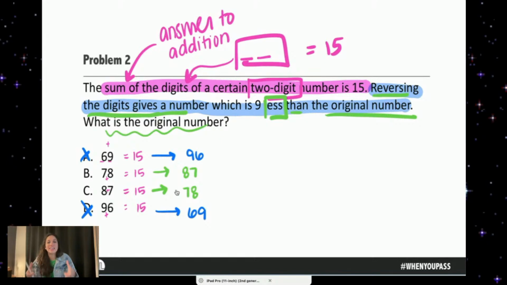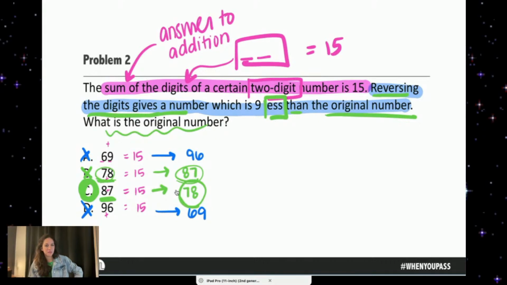Interpreting the words is the hardest part of this test. Reversing the digits gives a number that is less than the original number. So if I reverse these digits, does that give me a number that is less than the original number? It does not. If I reverse these digits, does it give me a number that is less than the original number? Yes, it does. So C is the correct answer.